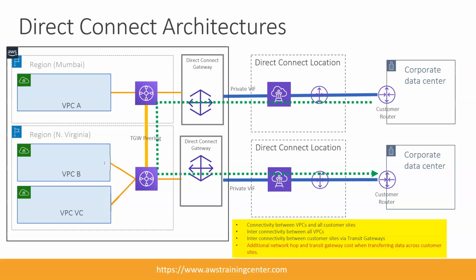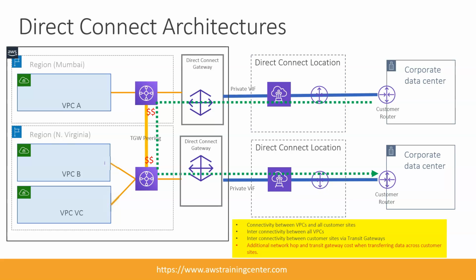But the thing to understand here is that as you add the transit gateway for site-to-site connectivity, there will be a lot of additional cost of processing that data. And also, if you look at the physical movement of the data from your corporate data center 1, it will go to the DX location, and from there it will go to the AWS region in which you have these transit gateways. So it is a lot of travel for that data to go from one site to another.